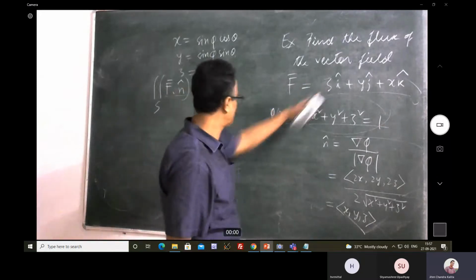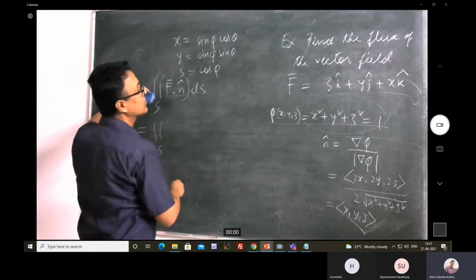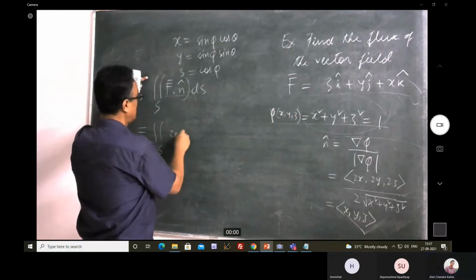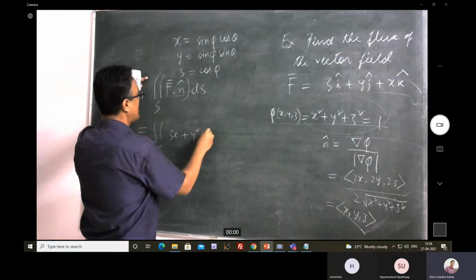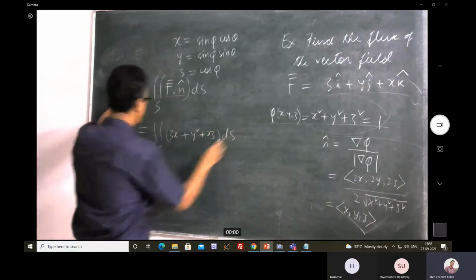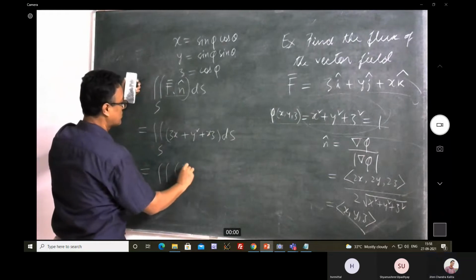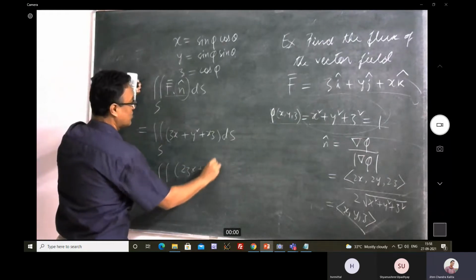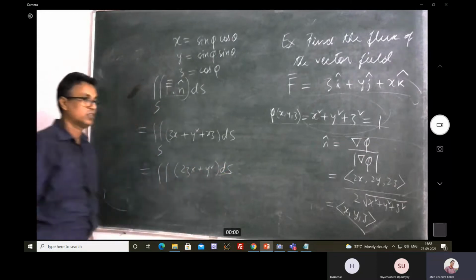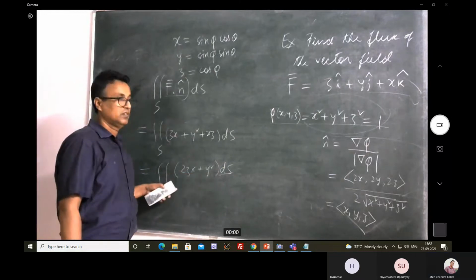Now it is simply going to be, let me tell you, zx plus y squared plus xz ds. So basically it is going to be 2zx plus y squared ds. Okay, and then you know how to perform integration for this one.